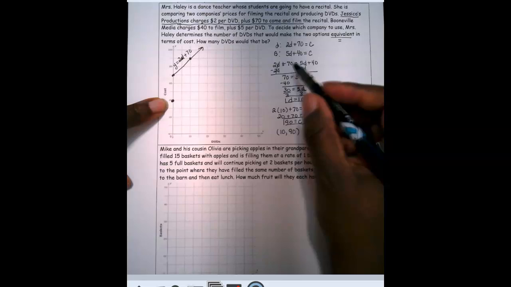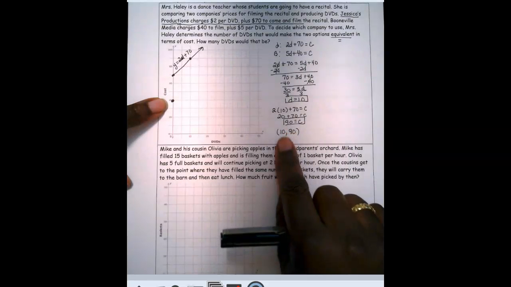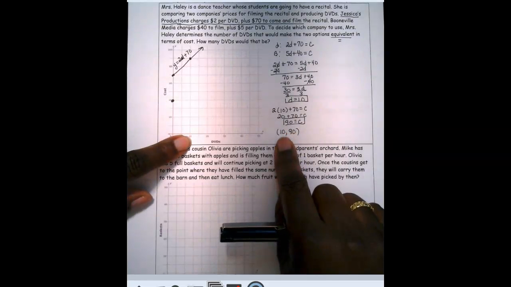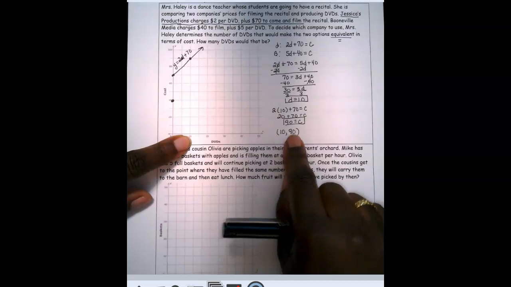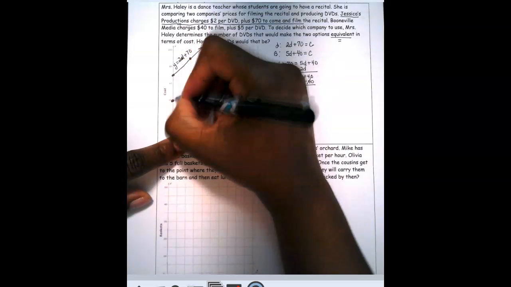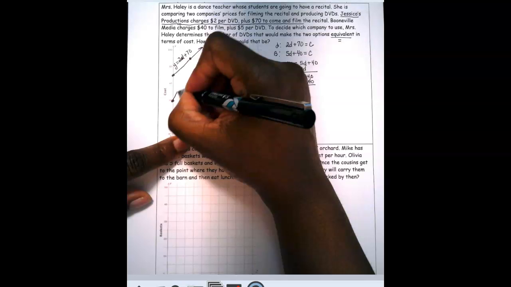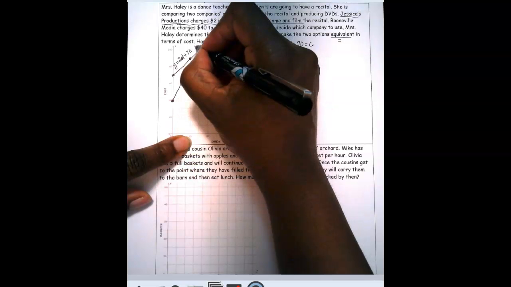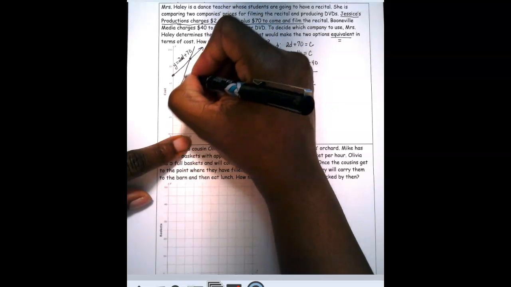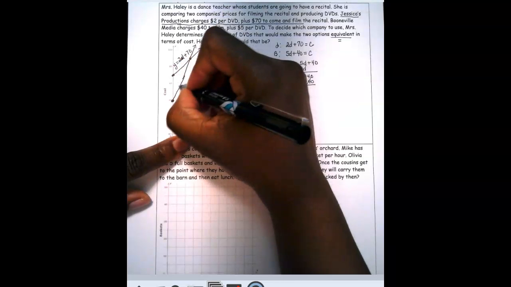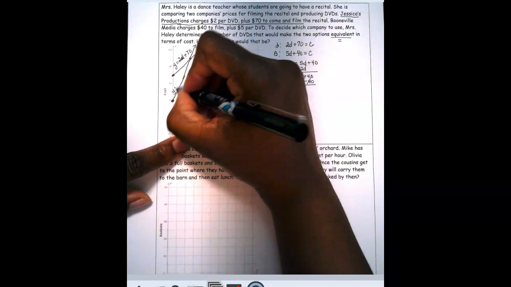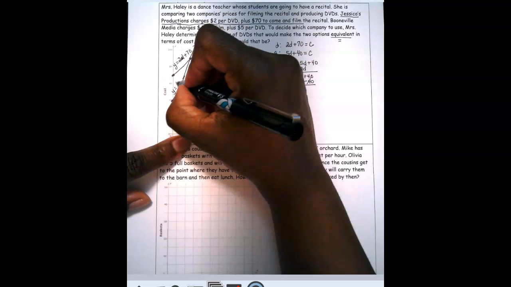And I know again that at 10 DVDs, the cost is $90. So that dot is already there. So I'm just going to kind of do my best to put it here. And this line is y is equal to 5D plus 40, or cost is equal to that.